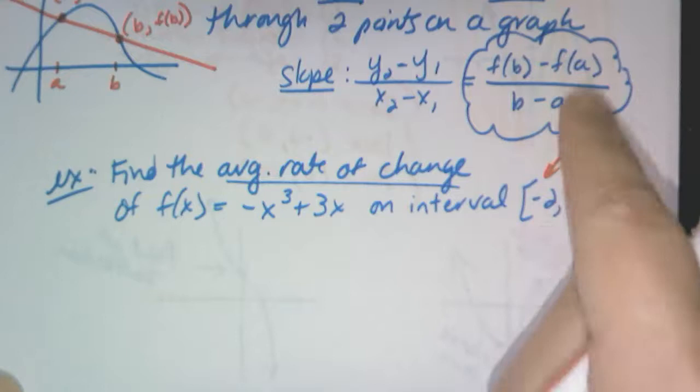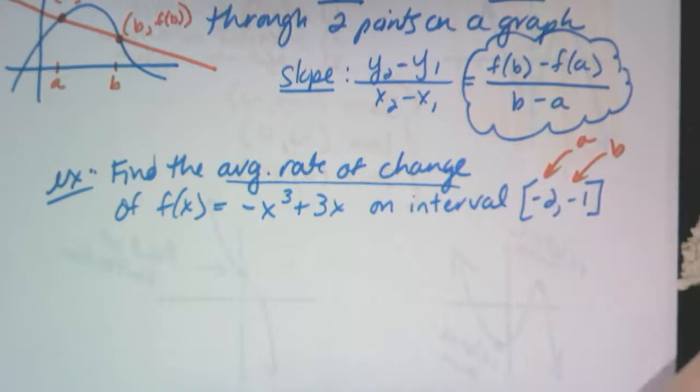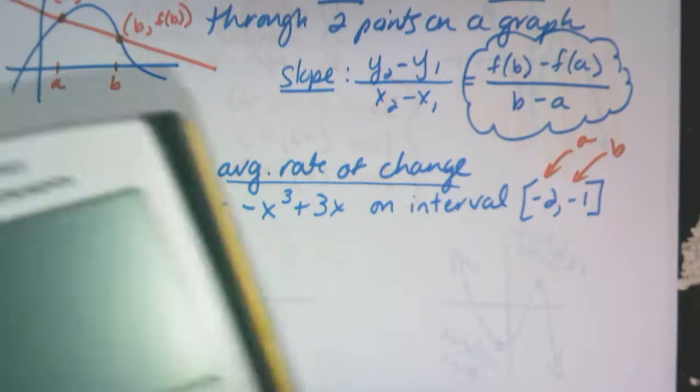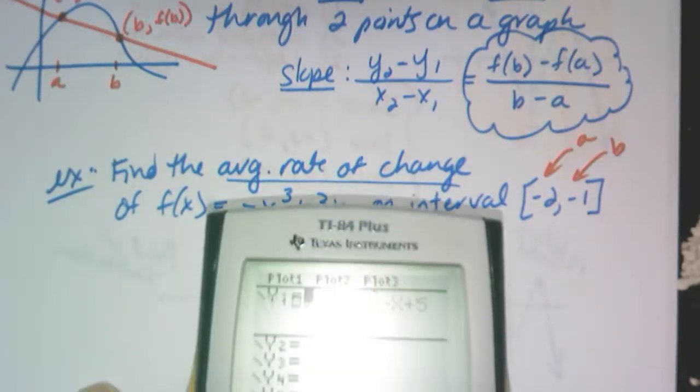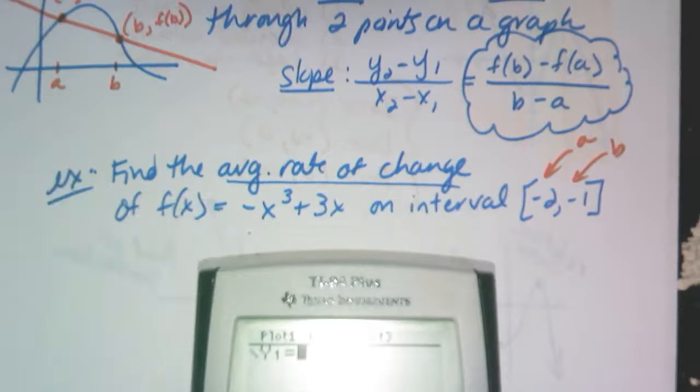How do I find f of a? Plug it in. Do you know that your calculator will do plug it in, plug it in? Go to y equals, type in -x cubed plus 3x. Set your table to start at 1 and make sure it goes up by 1.